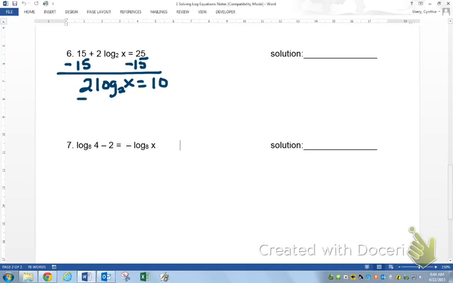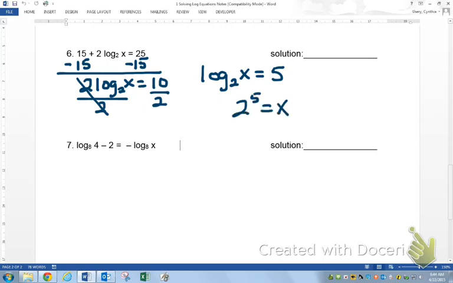So to get rid of that, I'm going to divide by 2, and I am going to get that log base 2 of x equals 5. All right, now my log's by itself. So now I'm going to write it in exponential form. So it will be 2 to the 5th power equals x. Well, 2 to the 5th power, that's on my chart, and x equals 32. Make sure you ask questions if you're not sure.